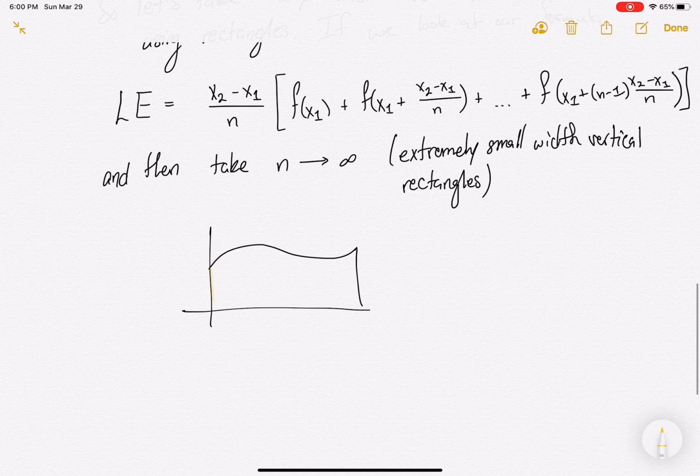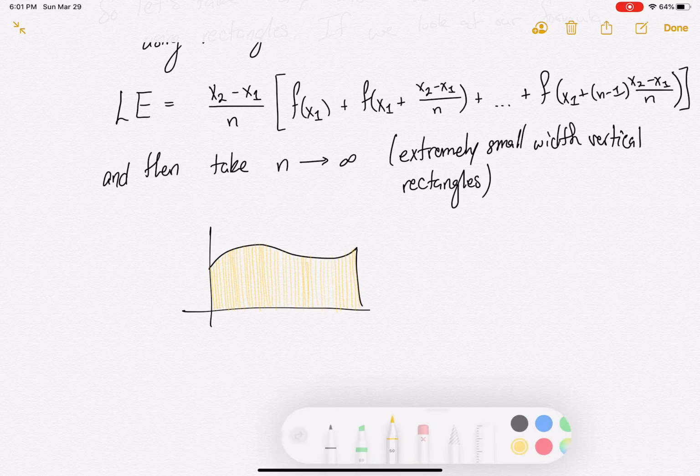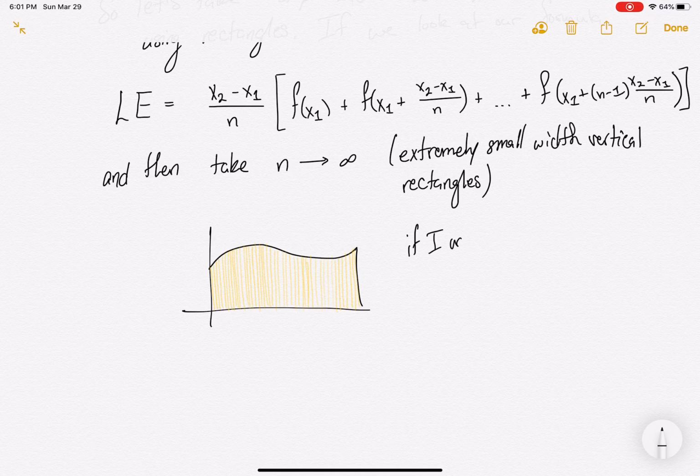We're adding up pieces like this. And all of a sudden, we get closer and closer to the actual area if you do infinitely many of these vertical rectangles. Now I'm making myself sad that I've made myself such a wide piece. It's going to take me a little while to fill this in with vertical lines. But you can think about these lines actually as really tiny rectangles, and if I get infinitely many of them, then I get the area exactly.